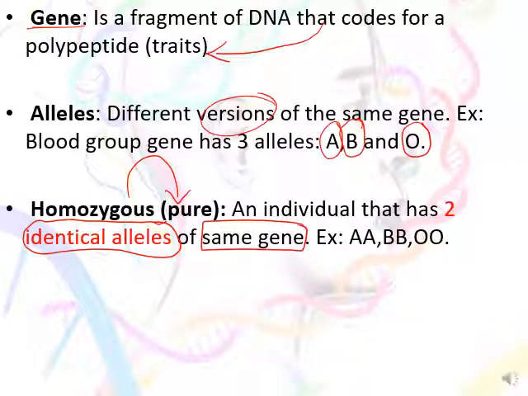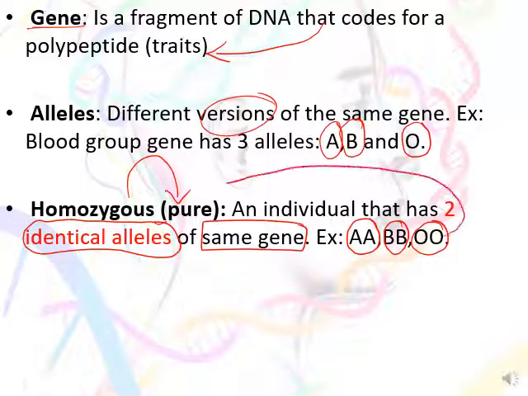An individual with blood group A is said to be homozygous when this individual has two identical alleles, both of them A. Blood group B can be BB, both identical alleles, and blood group O can be OO, both of them similar. So with two identical alleles, this individual is said to be homozygous, or pure, for the blood group gene.